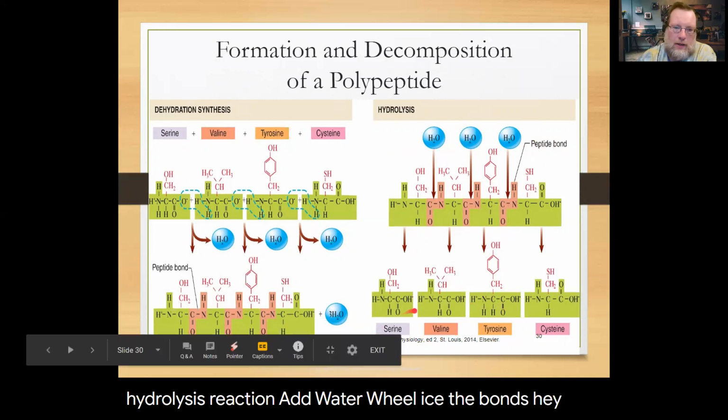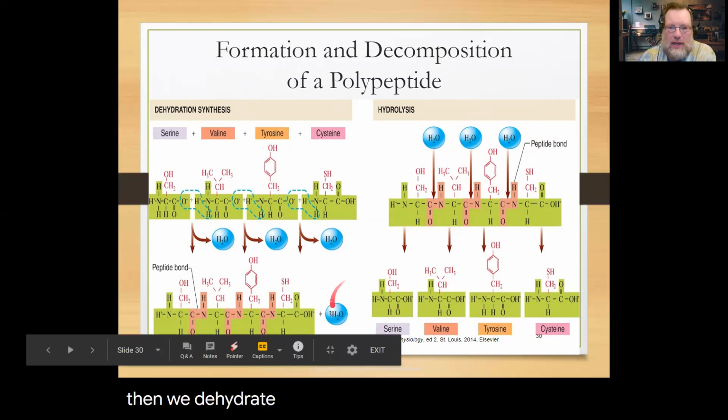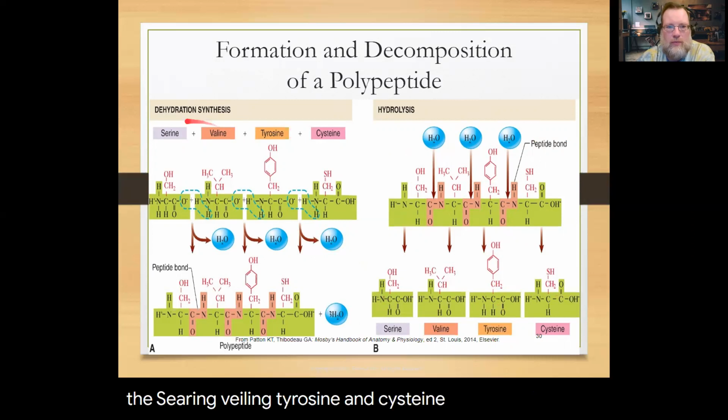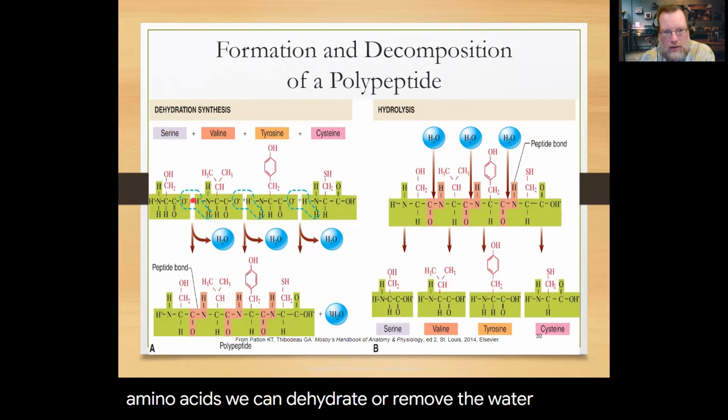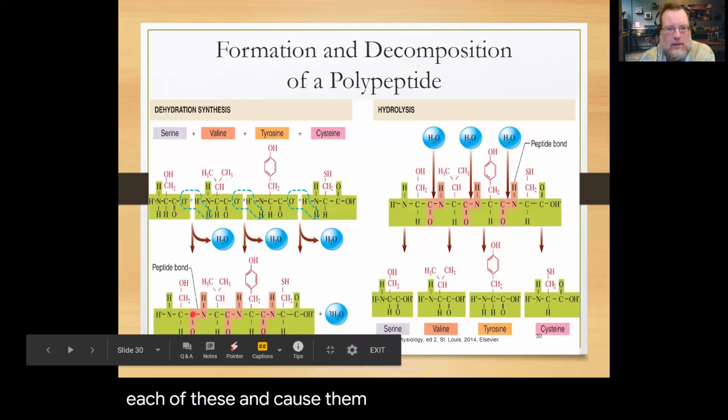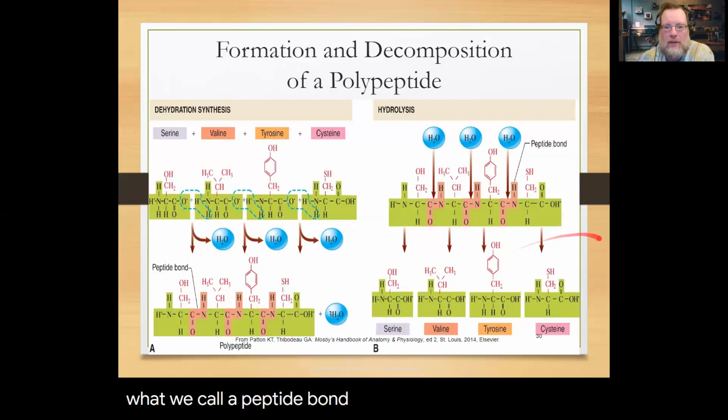And then we dehydrate, or take water away. So now we have serine, valine, tyrosine, and cysteine, which are 4 of the 20 amino acids. So we now have 4 individual amino acids. We can dehydrate, or remove the water out of each of these, and cause them to have room to form what we call a peptide bond, and thus form a large protein.